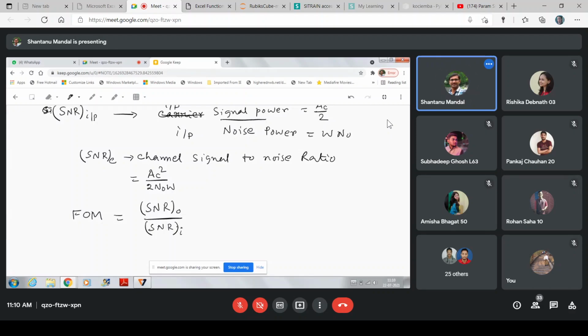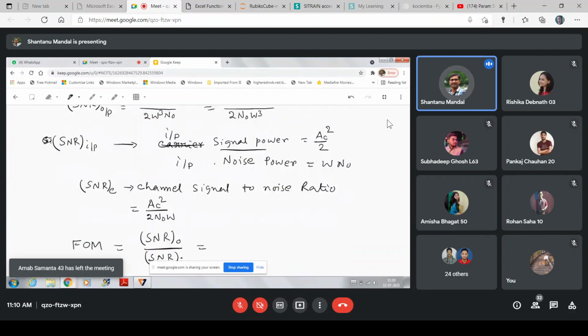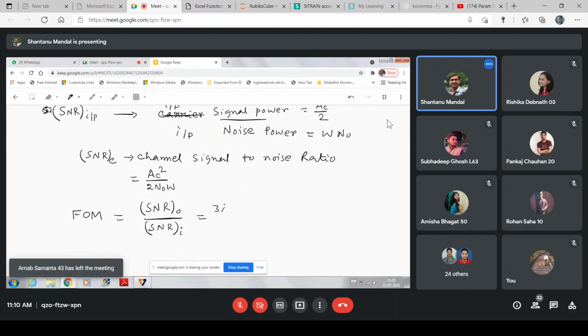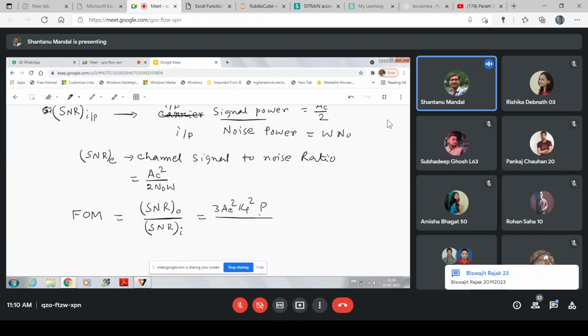SNR output is equal to 3 AC square KF square P by 2 N0 into W squared, and SNR input is AC square by W into N0.